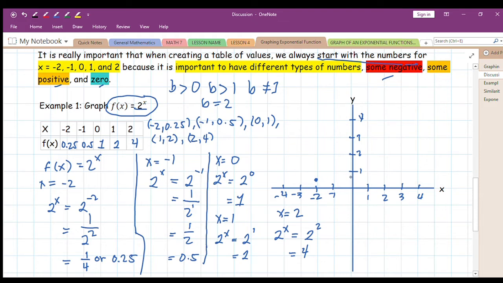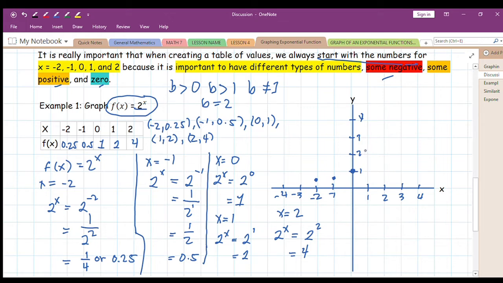Negative 1 and 0.5, so meaning to say, nandito po siya. And then we have 0 and 1, so we have 0 and 1. And then next, we have 1 and 2. Our x here is 1, and then we move to 2.